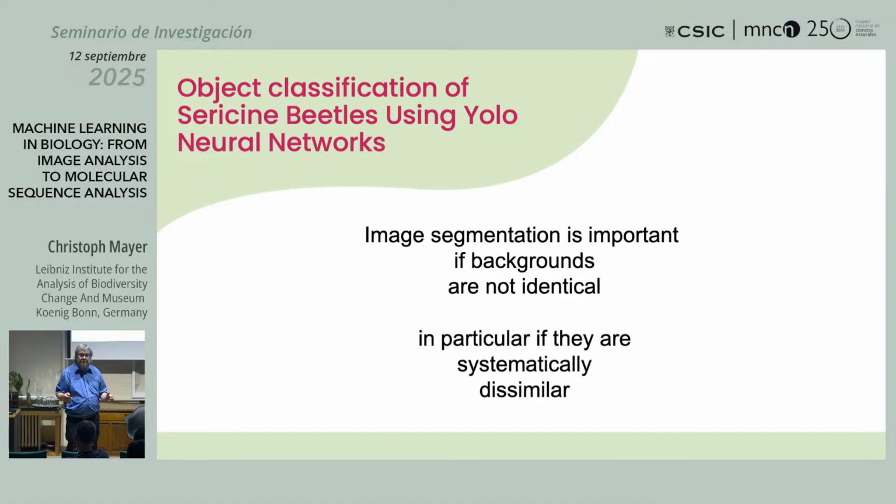Then you have a systematic bias in your data set, and you should remove that. First thing is, if you remove the background, you're already in a much better position, and then you should make all the foregrounds equally bright. That's not very difficult. You can normalize that, but that's something you should take care of.